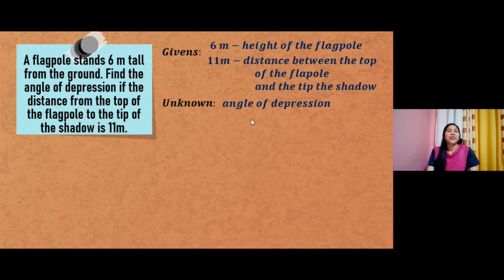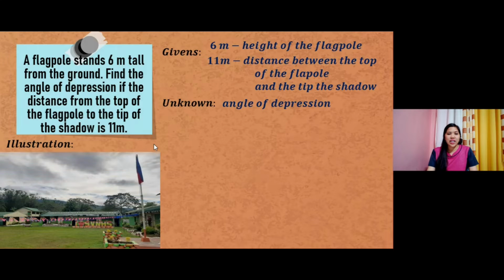So this time, let us now illustrate our situation for us to visualize what we're looking for and what the given conditions are. So suppose that this is your flagpole. Based on our problem, we have the height of the flagpole, that is 6 meters. Now in our problem, we're given the condition that there is a shadow.